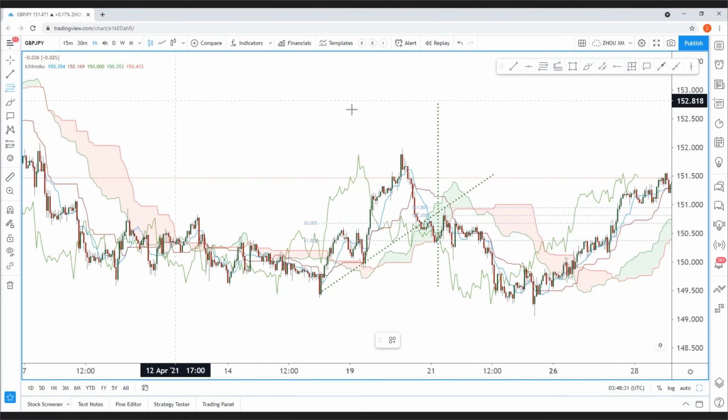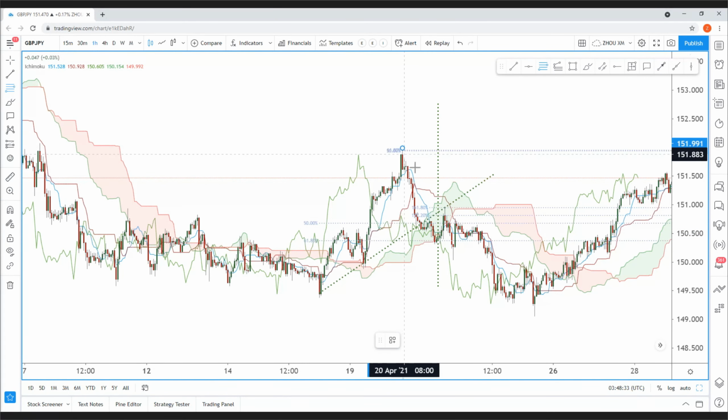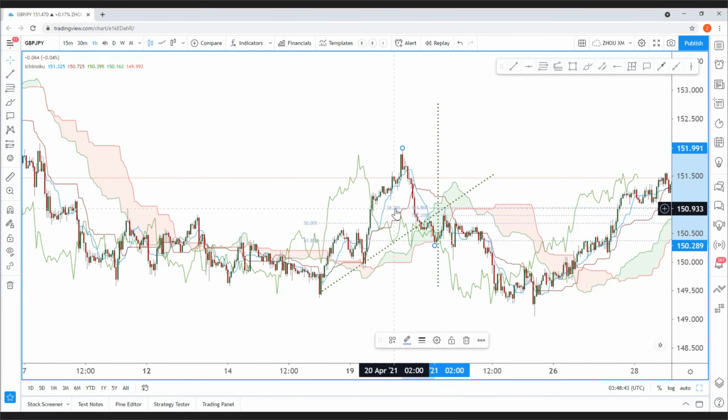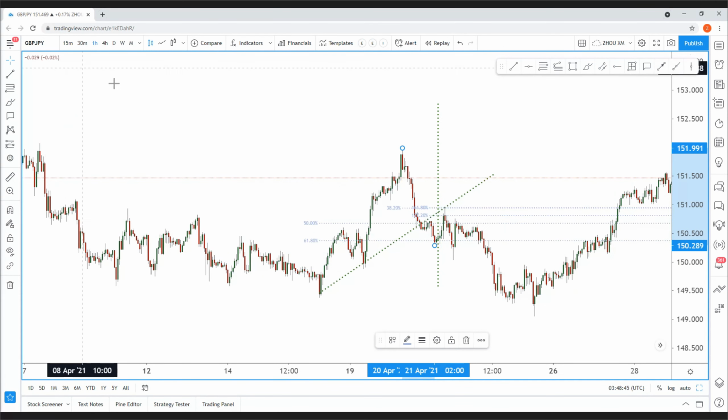And then if I were to open up another retracement, from high to low of this move, you realize that if I open up the 38.2% level, let me just take away the Ichimoku cloud, you can see that the 38.2% level lines up with our 161.8% level.